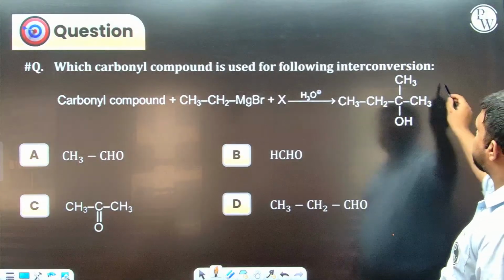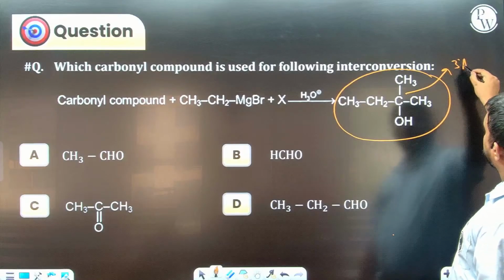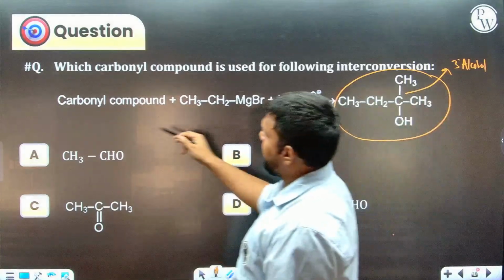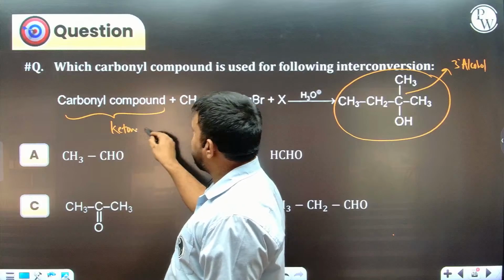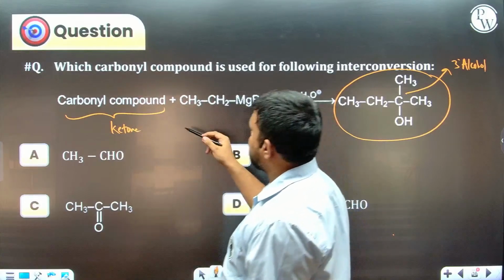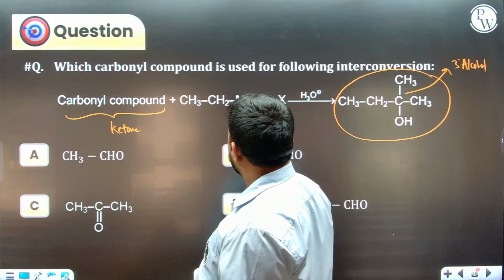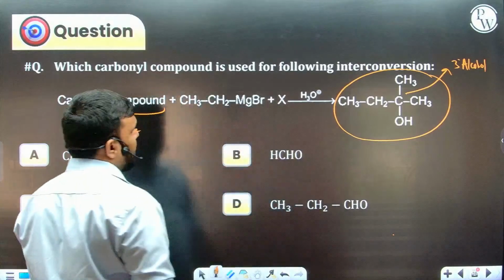As you can see, this is a 3 degree alcohol, so definitely this is only possible if this carbonyl is a ketone. We already studied this. So this ketone is reacted with CH3CH2MgBr, and then we get this.